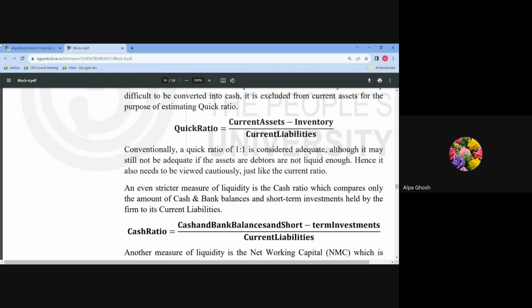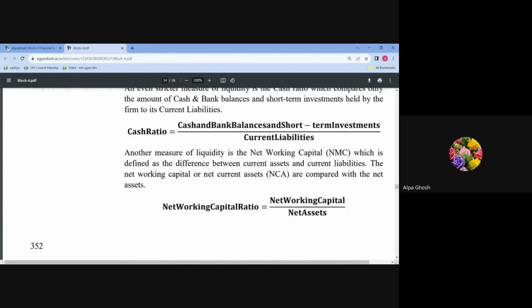The next one is, again going into more filtration process, your cash ratio. Cash ratio is nothing, it is only cash balance and bank balance.